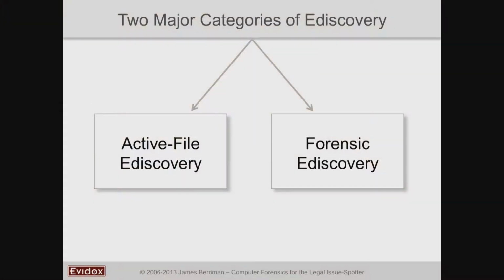So what I'm going to talk about today is, where is that dividing line, and how do we distinguish traditional active file e-discovery from computer forensics? The reason this is important is it's a threshold issue that you, the legal issue spotter, need to think about at the outset of the case, when you're preserving evidence, when you're gathering evidence, when you're figuring out how to learn what facts will support your claims or your defenses.